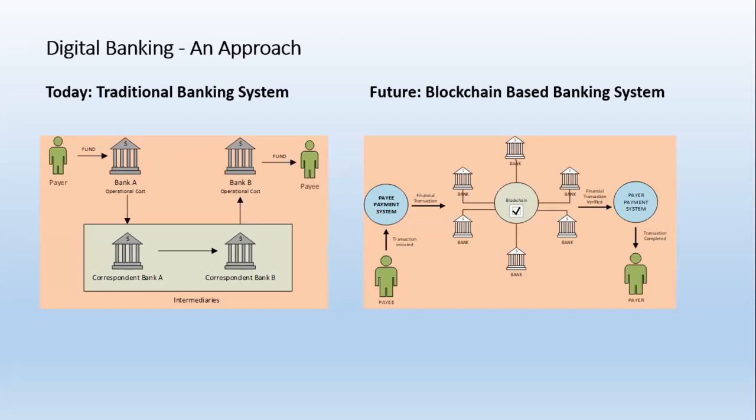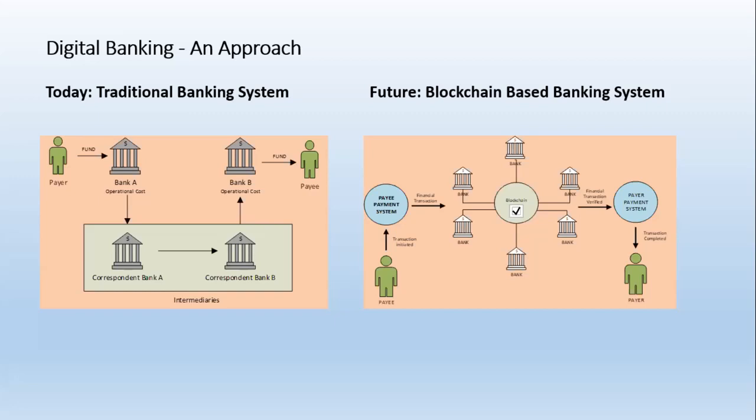If you can see this diagram, the traditional banking system needs intermediaries. So every transaction is via intermediaries and it reaches the other end. Between a sender and receiver, there will be a central authority who will monitor, maintain, regulate everything. That is the traditional banking system which is currently happening.